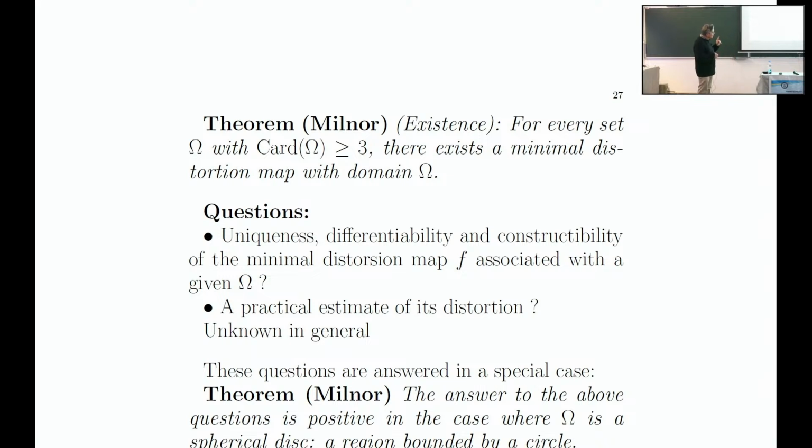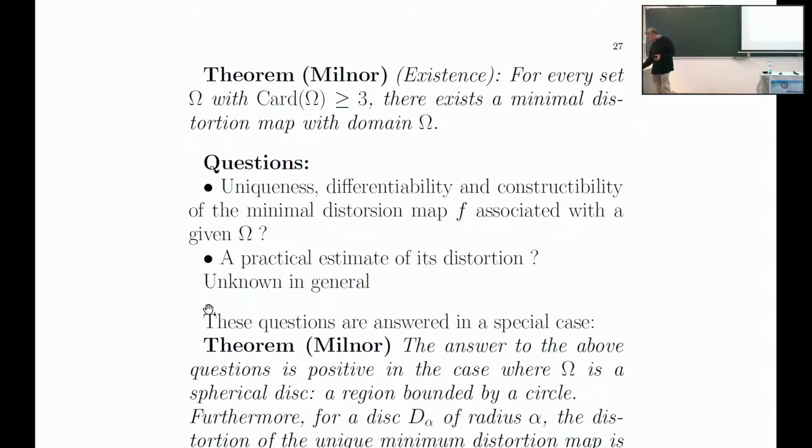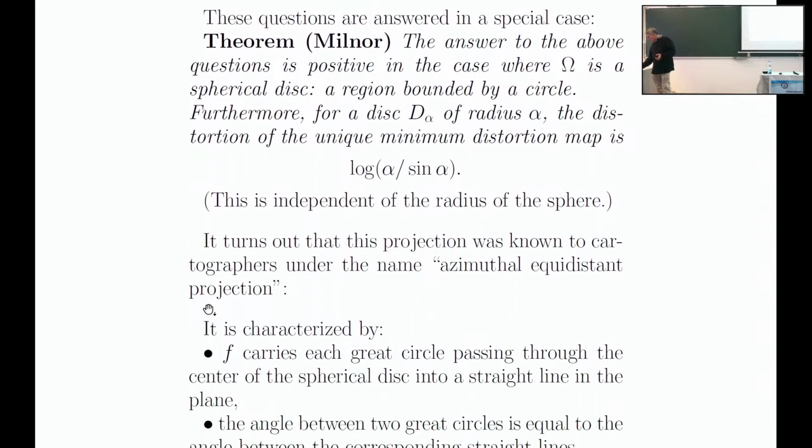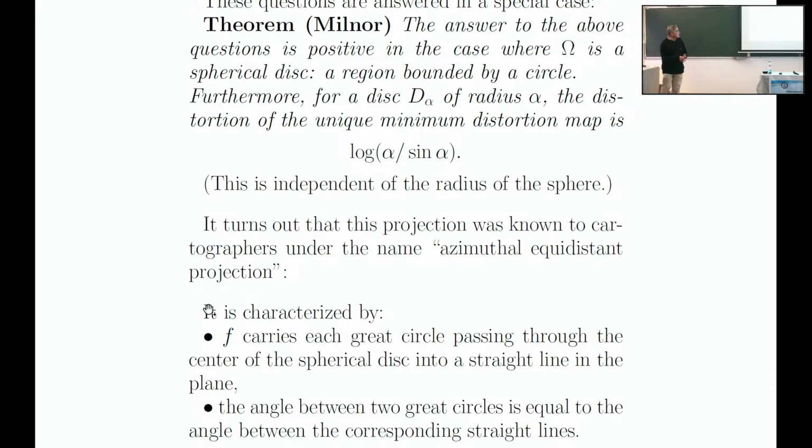So I'm more or less telling you what he's writing in his paper. He says this problem is unknown. The result is unknown in general, except in one case. Here I said it is positive, but in fact, it's not positive.